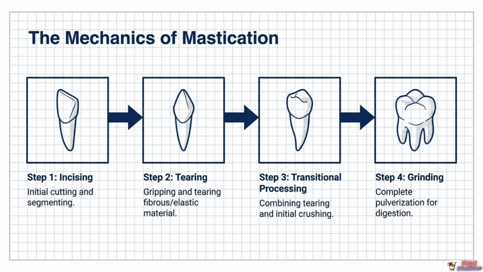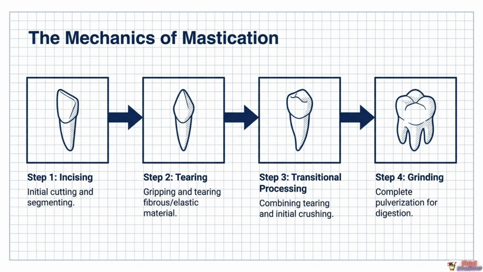Step 3 is transitional processing, combining tearing with initial crushing. This is the premolar specialty, bridging the gap between cutting and full grinding. Step 4 is grinding, complete pulverization of food into a texture ready for digestion, accomplished by the broad, multi-cusped molars.